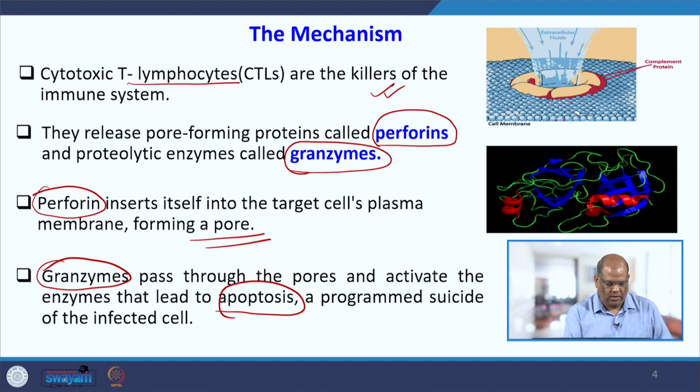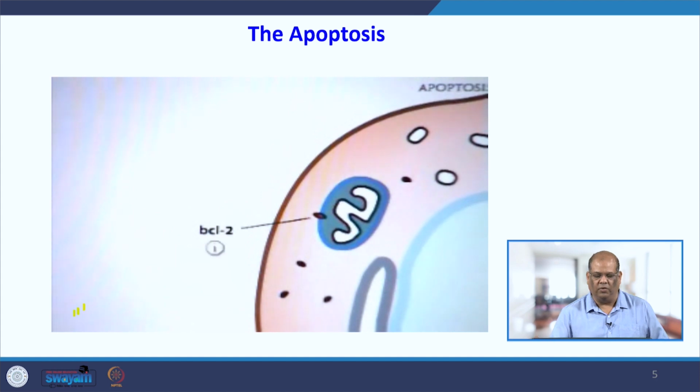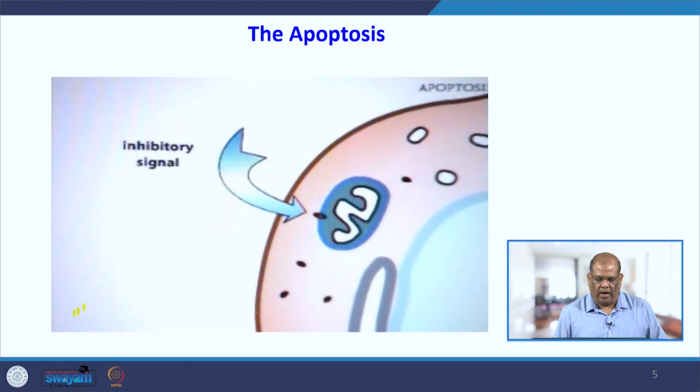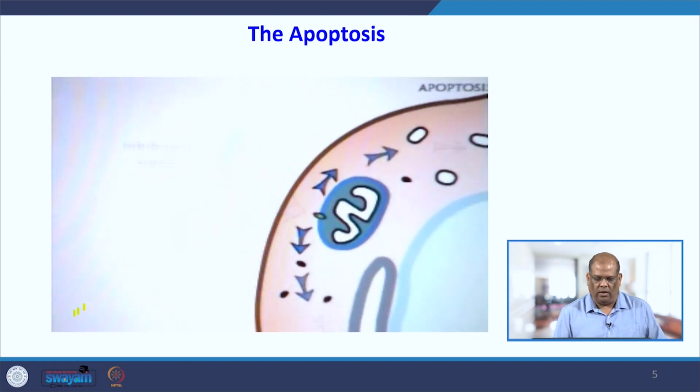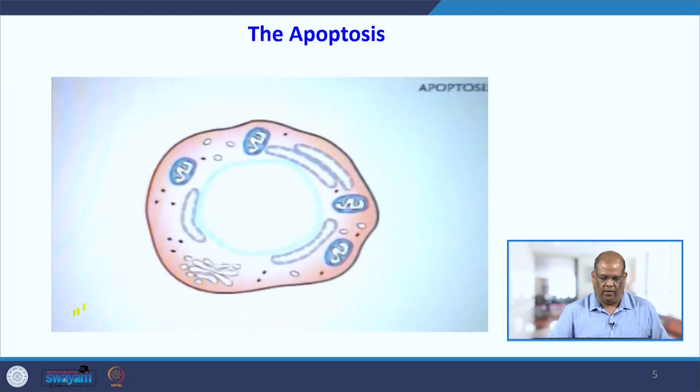And how does it happen? What you see is a healthy cell, and some sort of chain reaction takes place, and this BCL2 protein will be inhibited. There happens some sort of chain reaction which will destroy the nucleus of this cell.